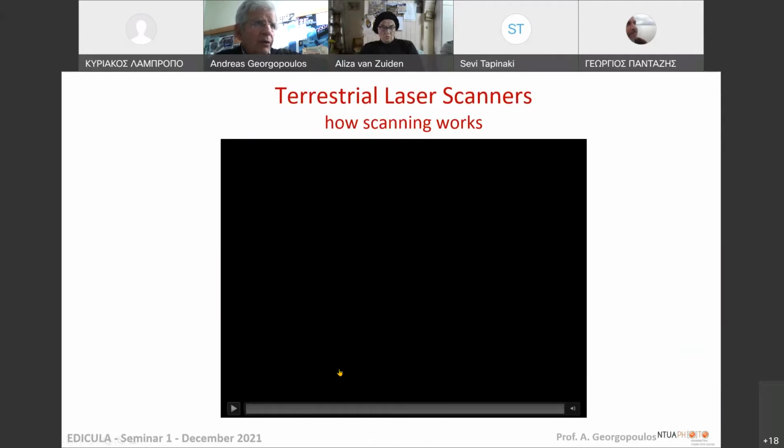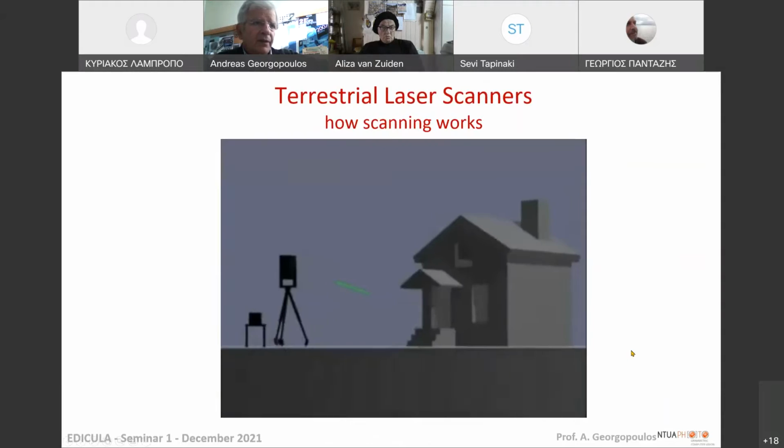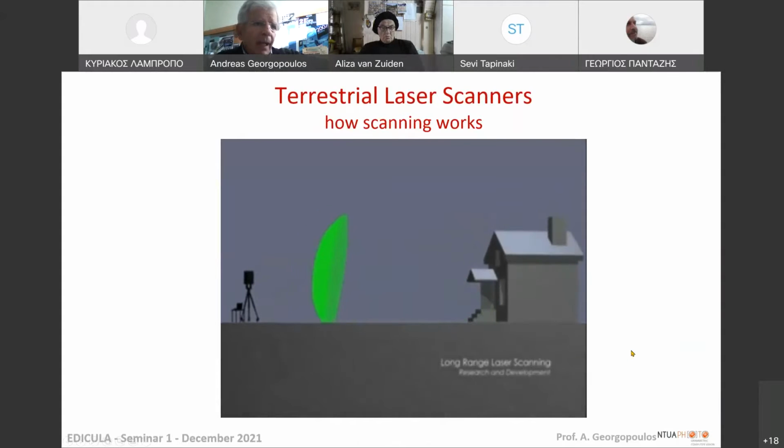Now let's see how terrestrial laser scanners work. I'm sure you don't hear the music because I didn't share the video. But what you see is how the laser scanner sends a beam and records the return.